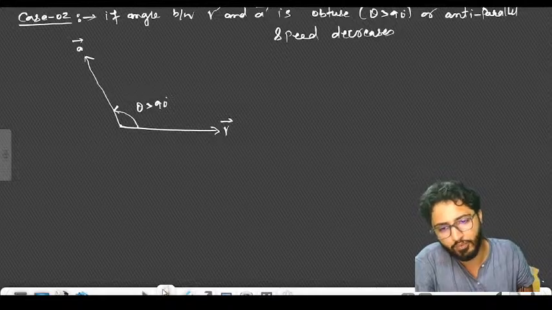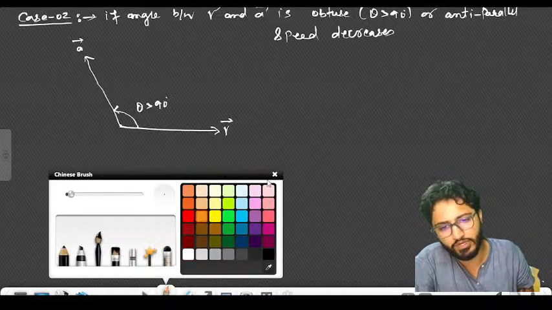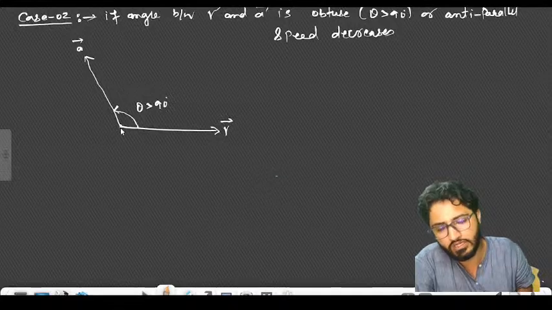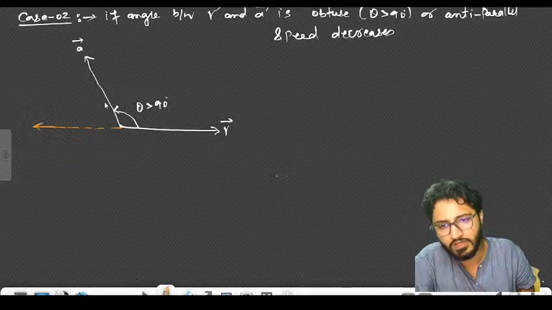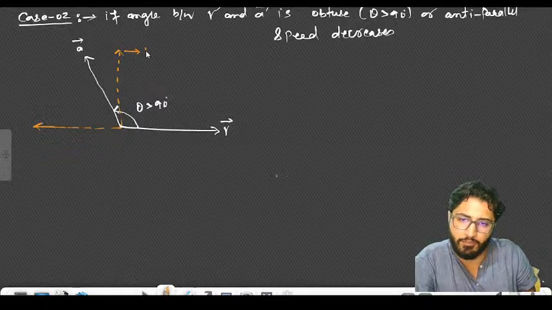One component will be along this direction, and one component will be along this direction. Then this is the perpendicular component.